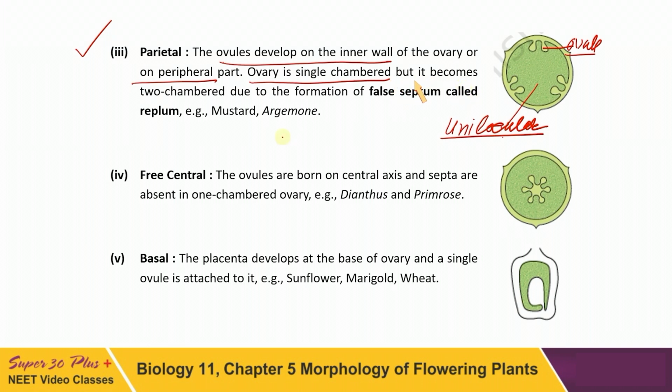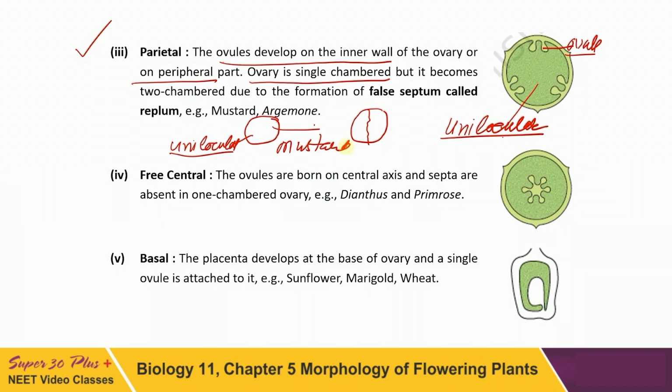But in case of mustard family, that is family Brassicaceae, what is there? You see, in mustard family, the ovary is unilocular in the beginning, only one chamber is there. But at maturity, a false septum will develop in between.